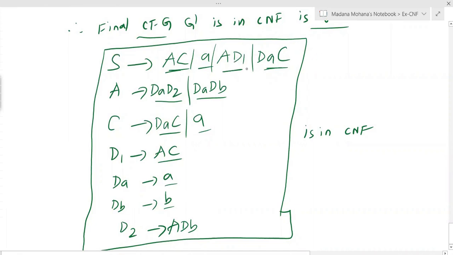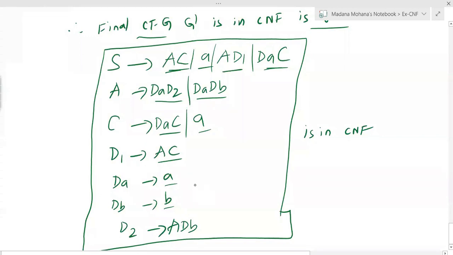So all S productions are in CNF. Then A derives DA D2, two variables, or DA DB, two variables. Then C derives DA C, two variables. Then C derives a single terminal. Then D1 derives AC, two variables. Then DA derives terminal A, a single terminal. DB derives B, a single terminal. D2 derives A DB, two variables.